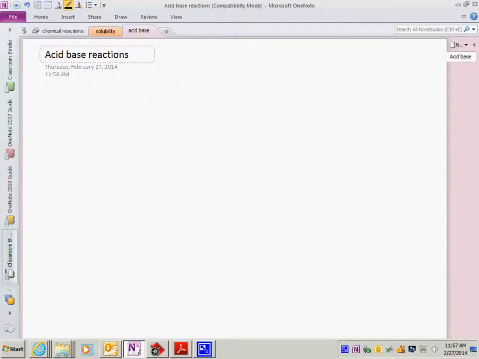key players here. Strong acids would be my 6 strong acids.